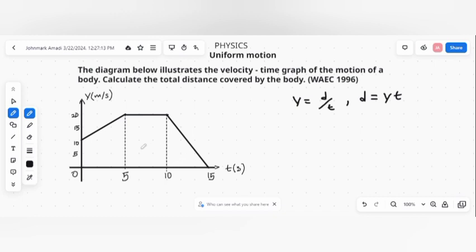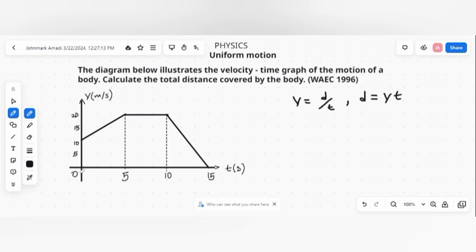This shape is not a shape that is really known to us. Since it's not a shape that we really know, what we'll now do is divide the shape, or segment it, into the shapes that we know.